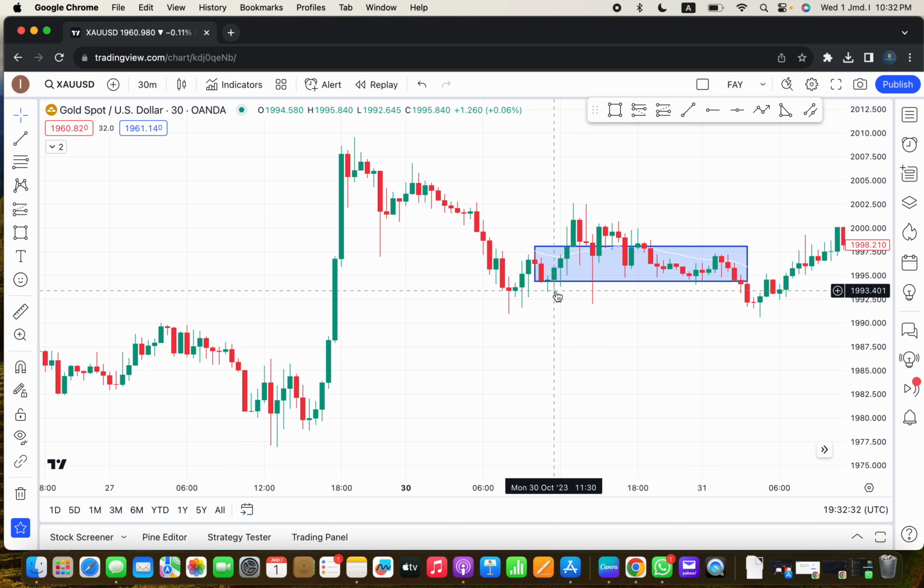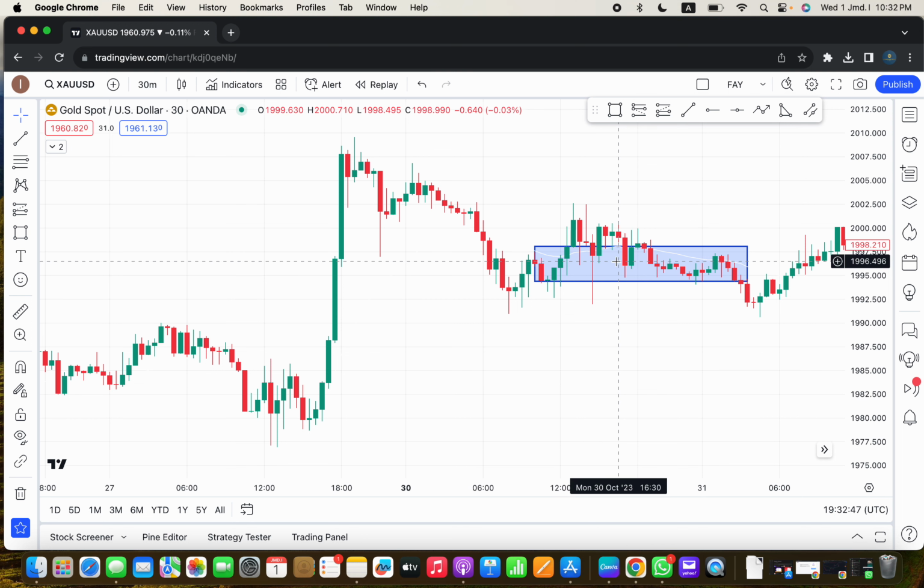So what I will look out for, step one, is to wait for a candle to form above this box. Yes, we have this red candle form above this box. Then wait for the candle to come back inside, and I will be looking within this box for another engulfing buy, provided no candle forms below this.